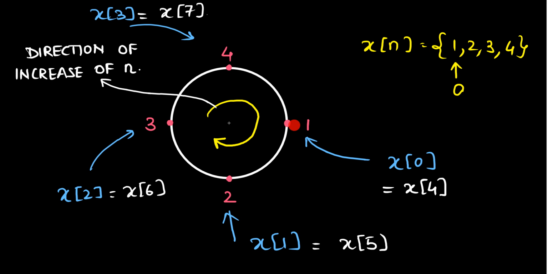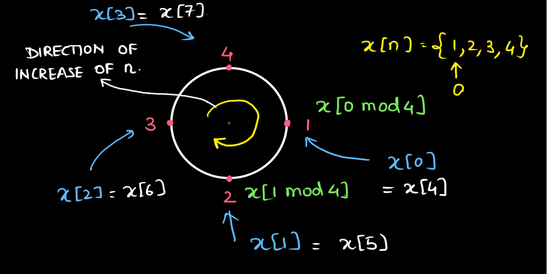That is x of 0, x of 1, x of 2 and x of 3, which means that the representation we have here simply represents x of 0 mod 4. This 2 simply represents x of 1 mod 4.